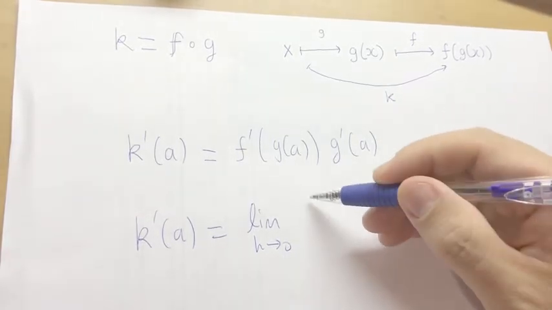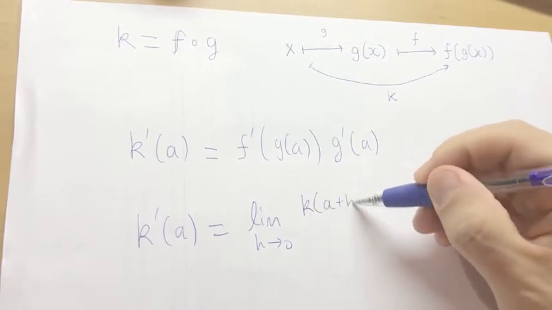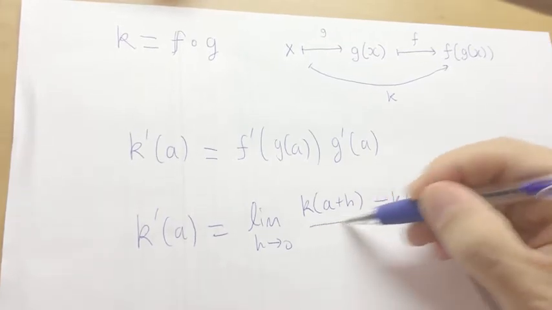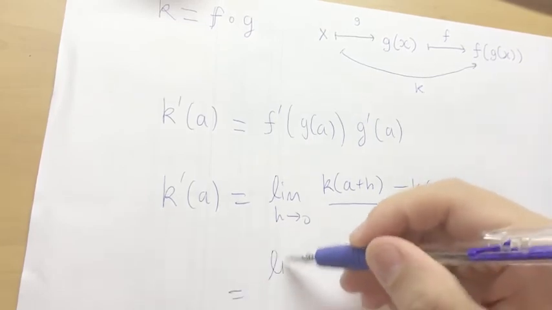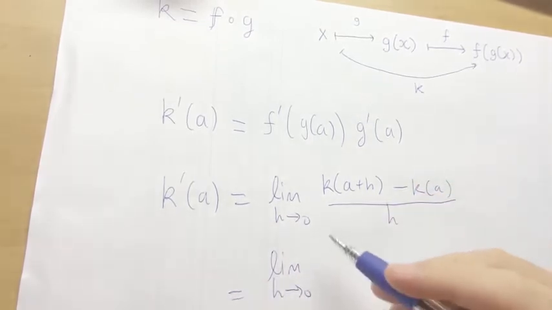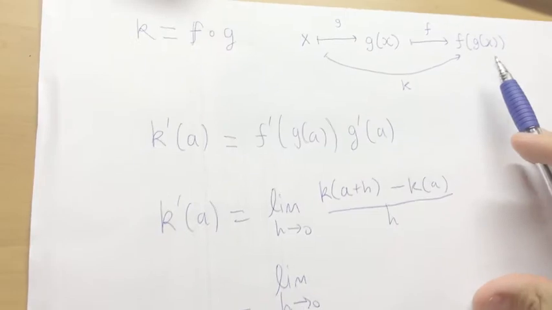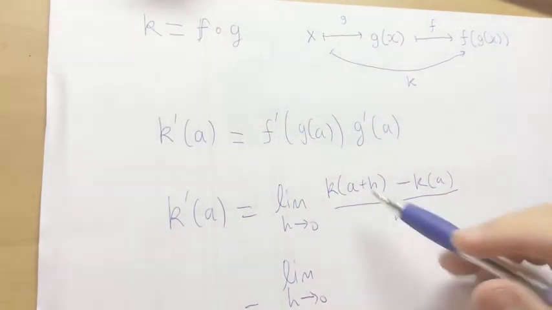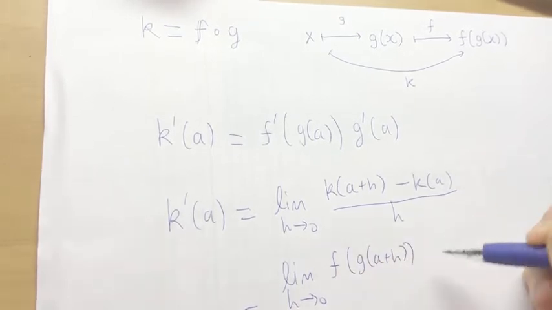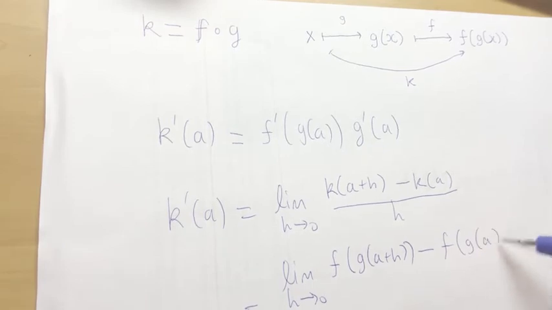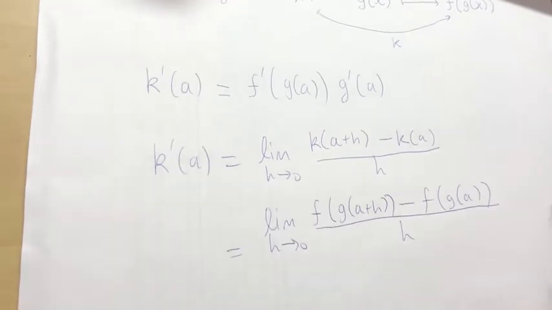So the limit is, by definition, k of a plus h minus k of a over h, which is equal to, since the definition of k is f composed with g, f of g of a plus h minus f of g of a over h.